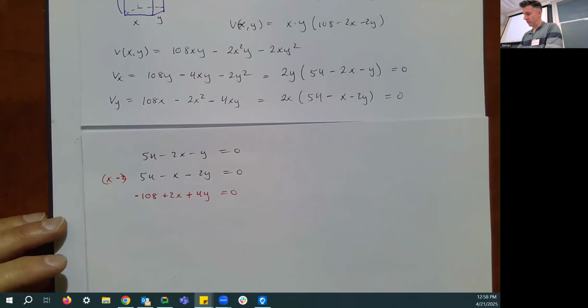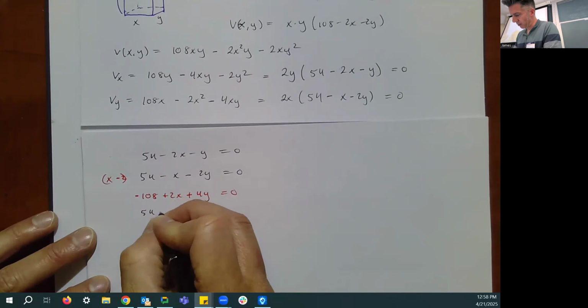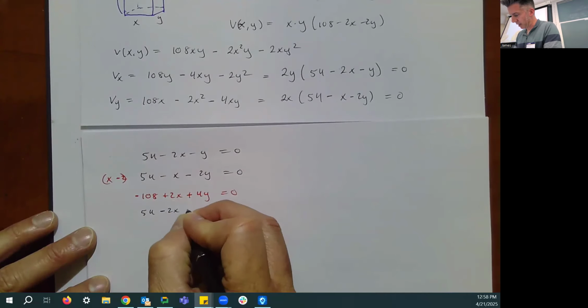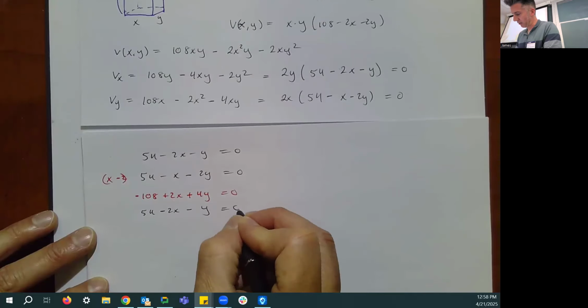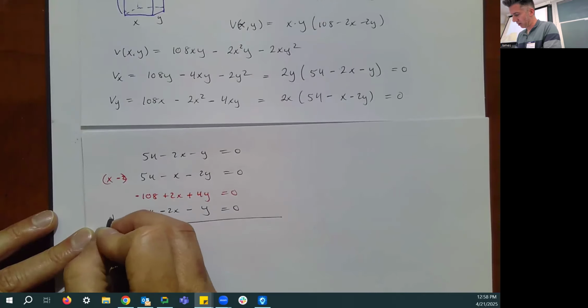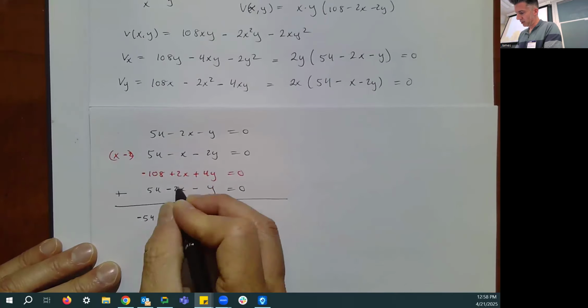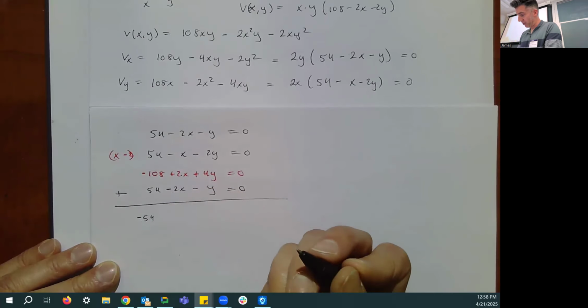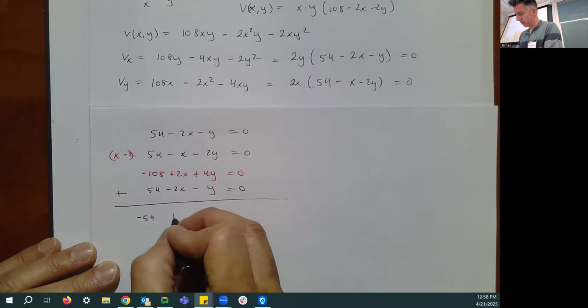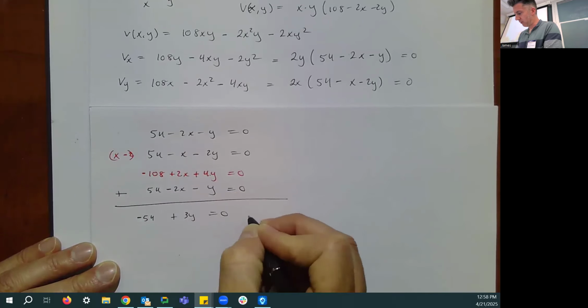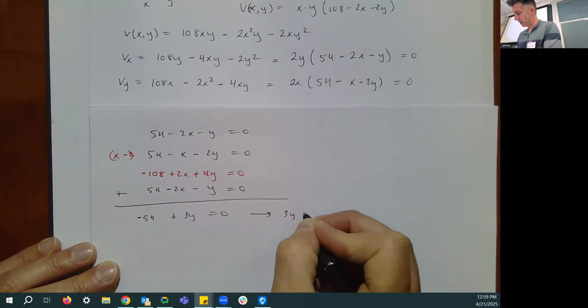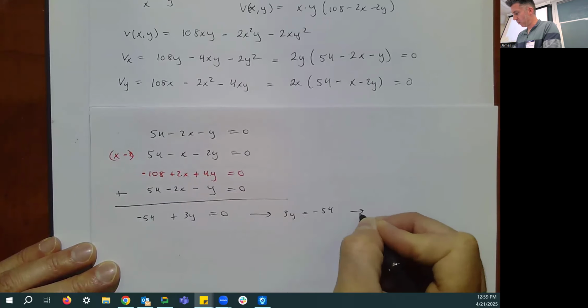And then my other equation from up here is 54 minus 2x minus y equals 0. If we add those equations together, -108 plus 54 is -54. 2x plus -2x is 0. And 4y plus -y is 3y. Solve for y, you get 3y equal to -54.